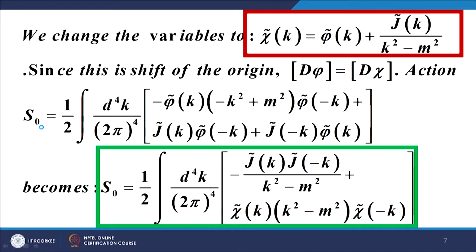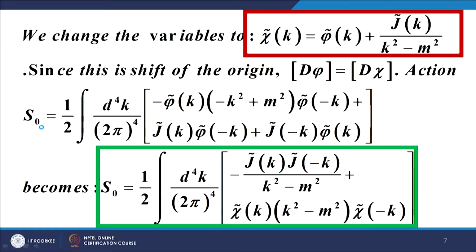The entire thing is given in the red box at the top right hand corner of your slide. In terms of this new variable chi(k), the expression for the action now takes the form given in the green box at the bottom of your slide.